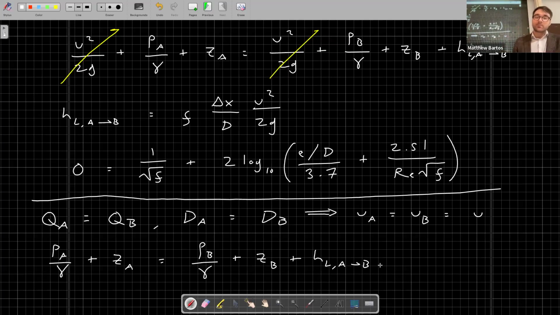So let's rearrange for the head loss. It turns out that we know all of these parameters here. So we actually know what the head loss is.